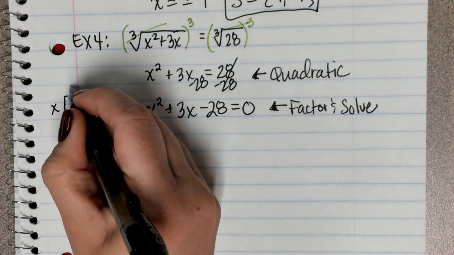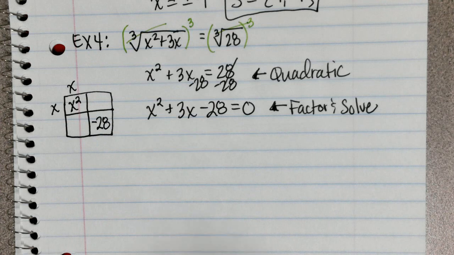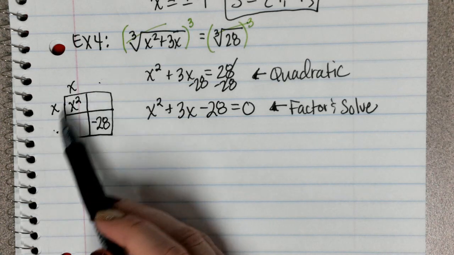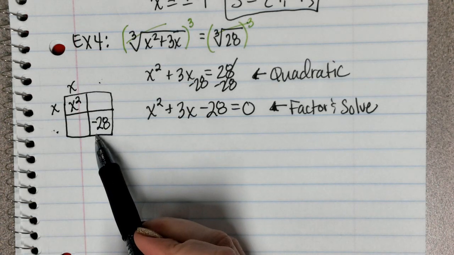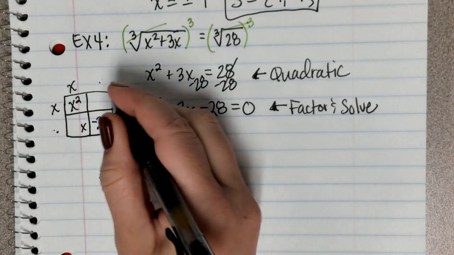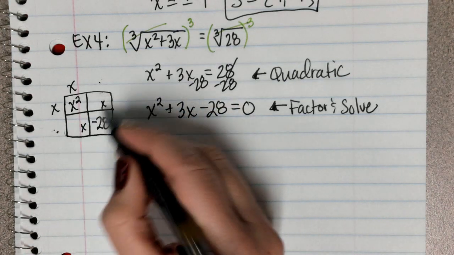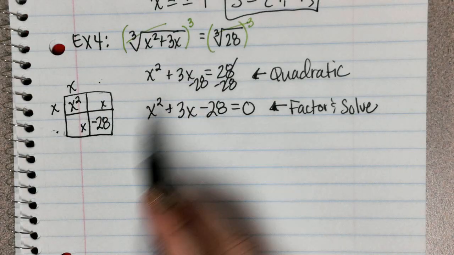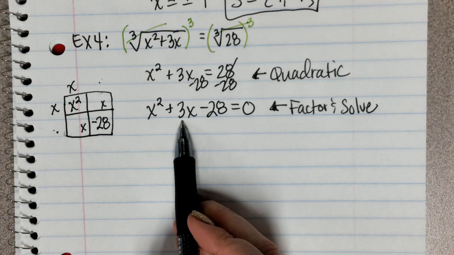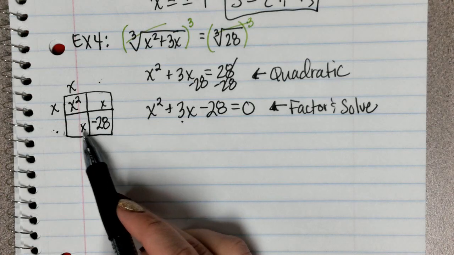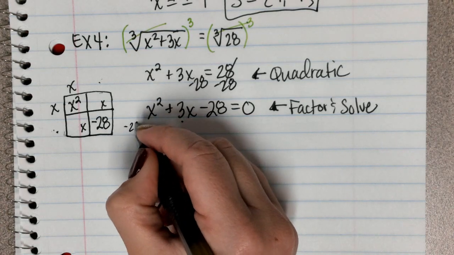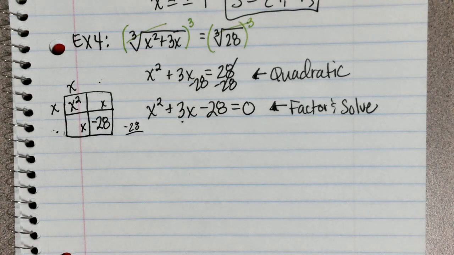Then we have to figure out what goes along the sides. We know this one's x and x. And whatever goes here and here have to multiply to negative 28, and when we add them together, they have to make 3. So I need numbers that multiply to negative 28, but add to 3. Anybody know what numbers those are?